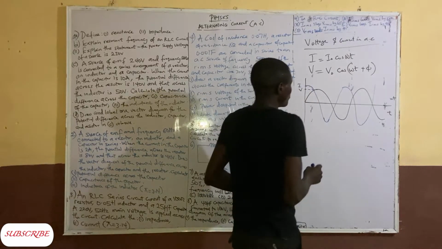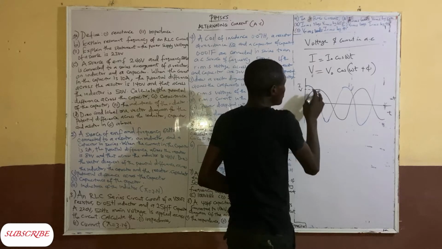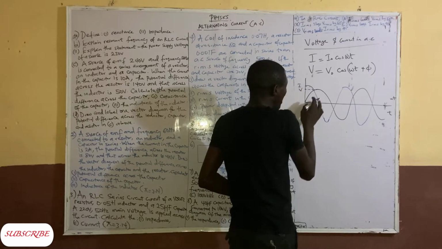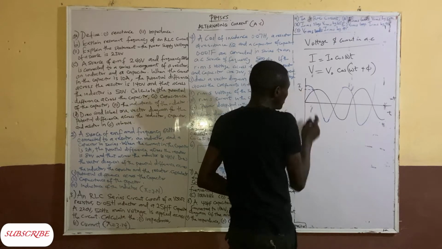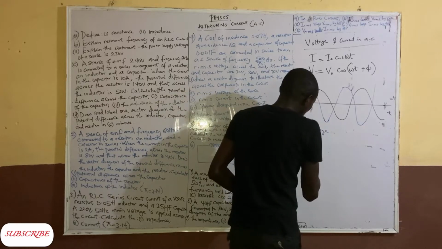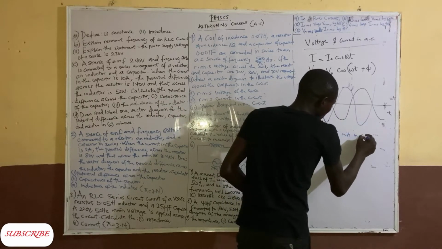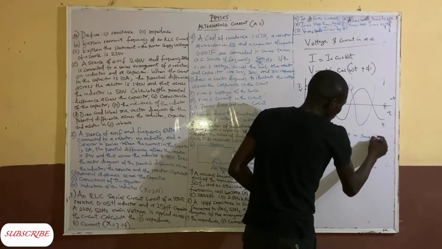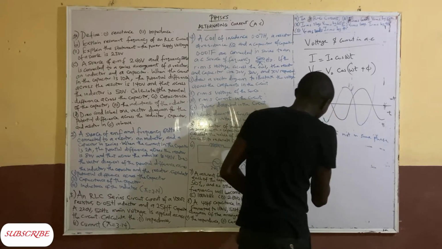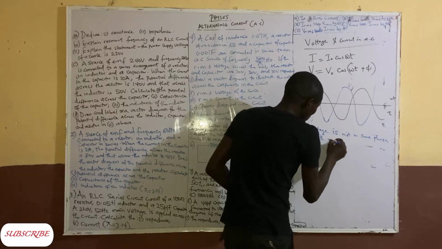So from here we said that I and V are not in the same phase. The AC voltage is not in the same phase with the AC current.